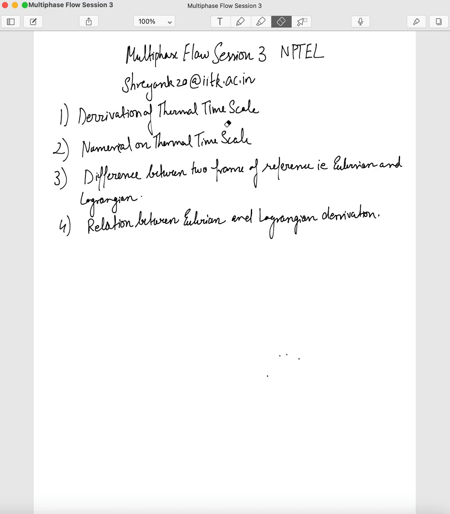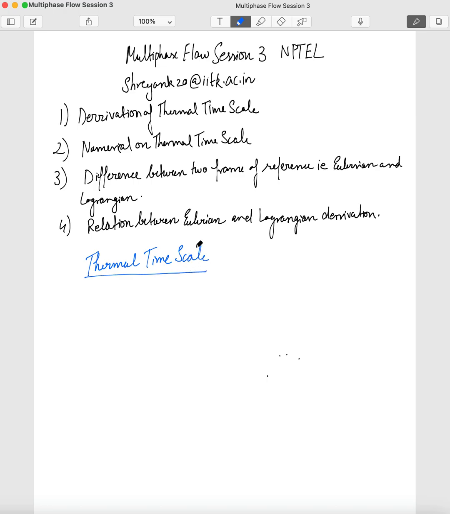So now let's derive the thermal time scale.